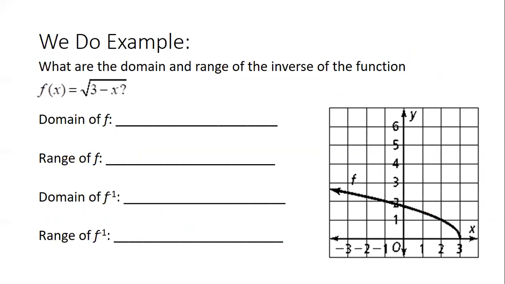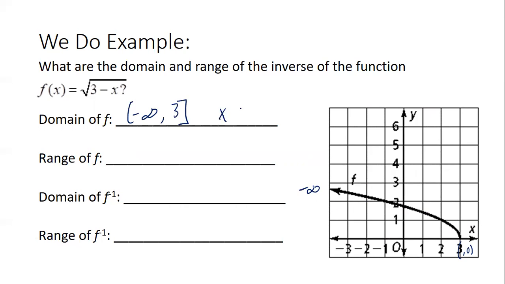So here we have the original function, f of x equals the square root of 3 minus x. So the domain of this function, starting from the left, this function is heading towards negative infinity. Agreed? So it starts at negative infinity. And the biggest the x values will ever get is what? 3, right?